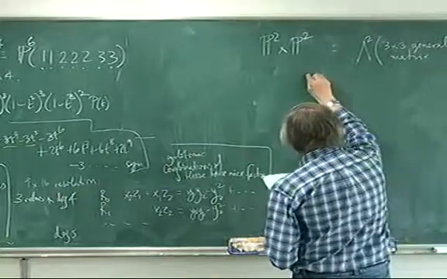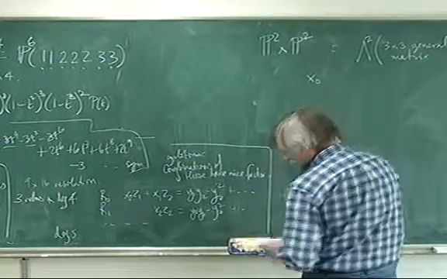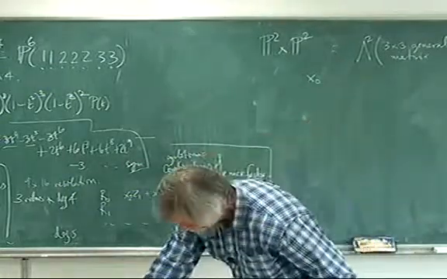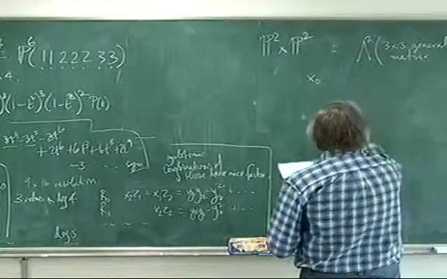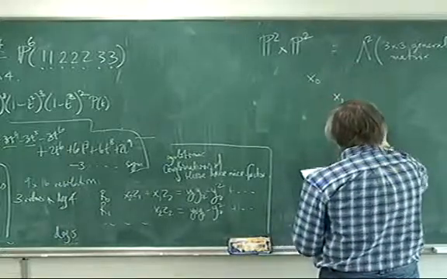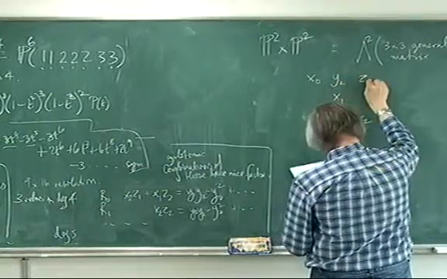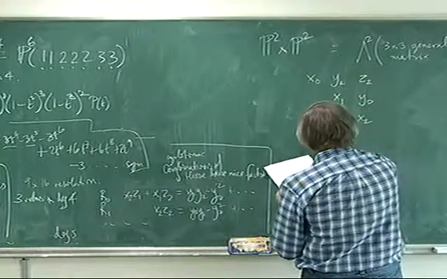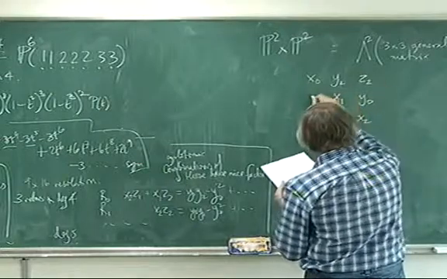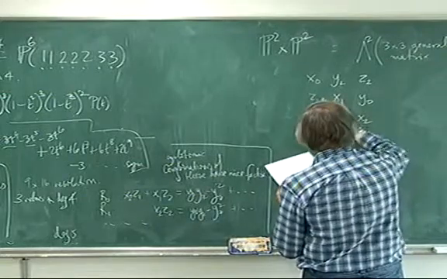X0 X1 X2, and then Y2 Z2 Y0 Y1 Z2 Z0 Z1, sorry, Z1 Z0.